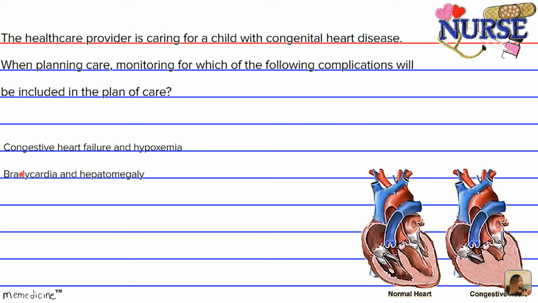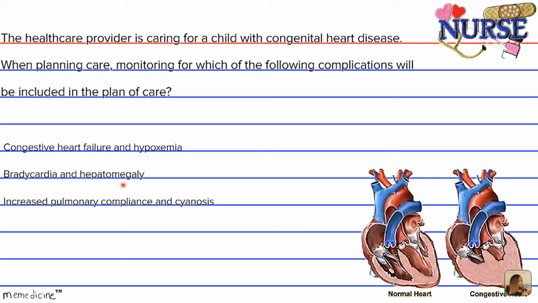Or is it B, bradycardia and hepatomegaly? Bradycardia, if you forgot, is an abnormally slow heart action, and then hepatomegaly is an enlarged liver. Okay.